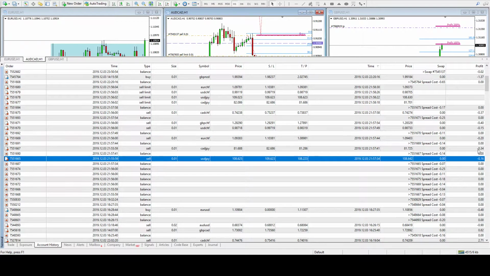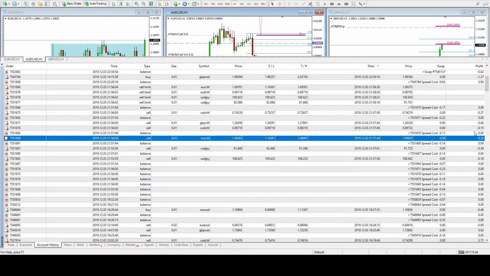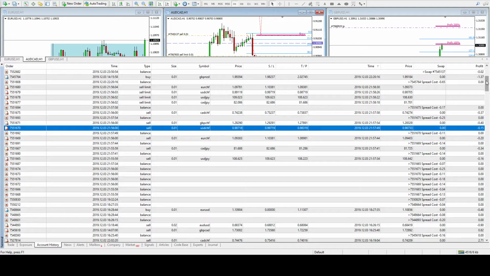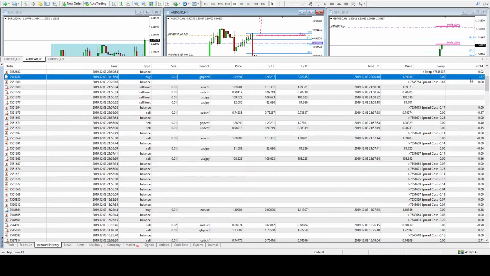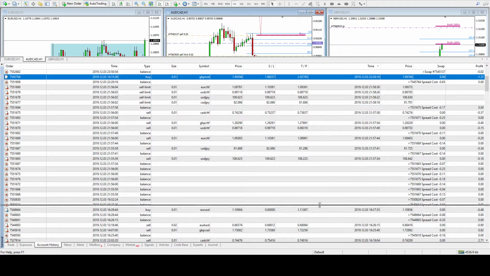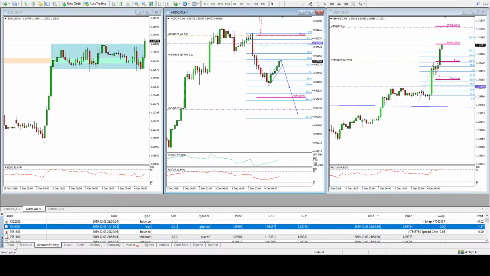Minus 16, minus 34, minus 20, minus 15, minus 137. So when I saw that the EA had entered me into 4, 5, 6 trades, I closed them. And by mistake, I closed my pound New Zealand. That was the pair that I had entered.